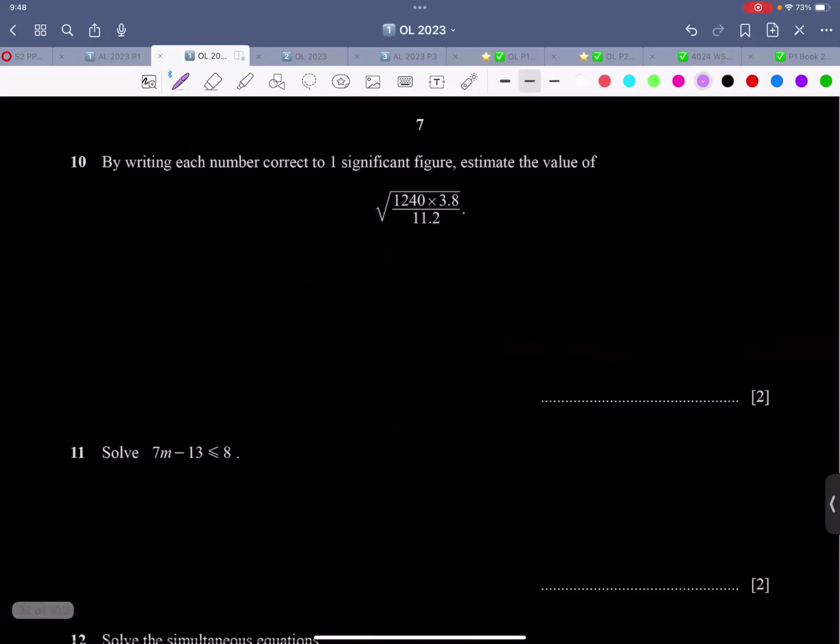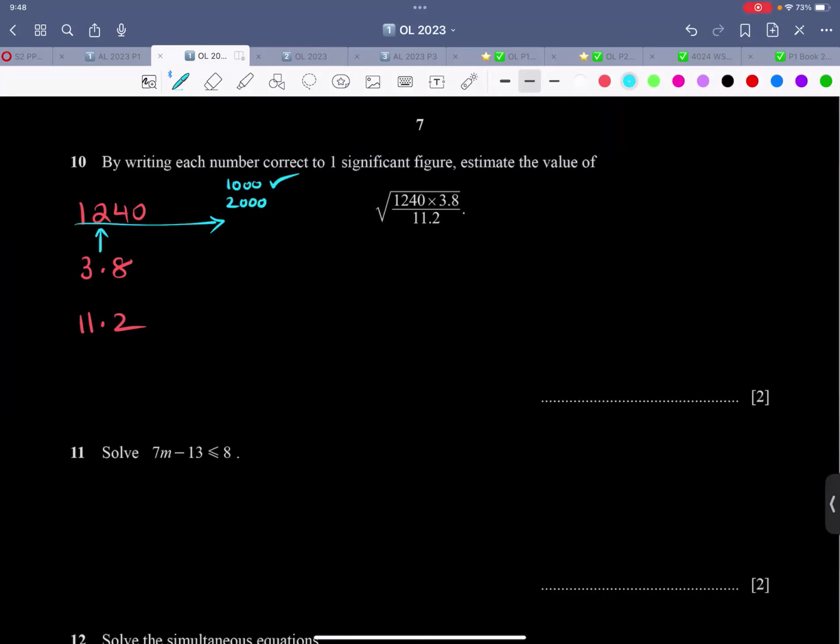So now, let me solve these two questions, and then I'll look at whether someone has asked any particular question. Write each number correct to one significant figure. So we have 1240, we have 3.8, we have 11.2. So 1240, this is the second significant figure. It lies between 1000 and 2000.